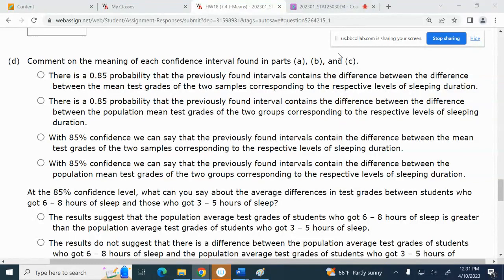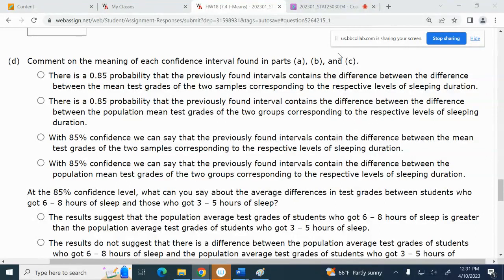Yeah. But let me see. The 3 confidence intervals were for 85% confidence interval for the mean difference. So basically, I can interpret we are 85% confident the mean difference will be inside between this one, right? Yeah.